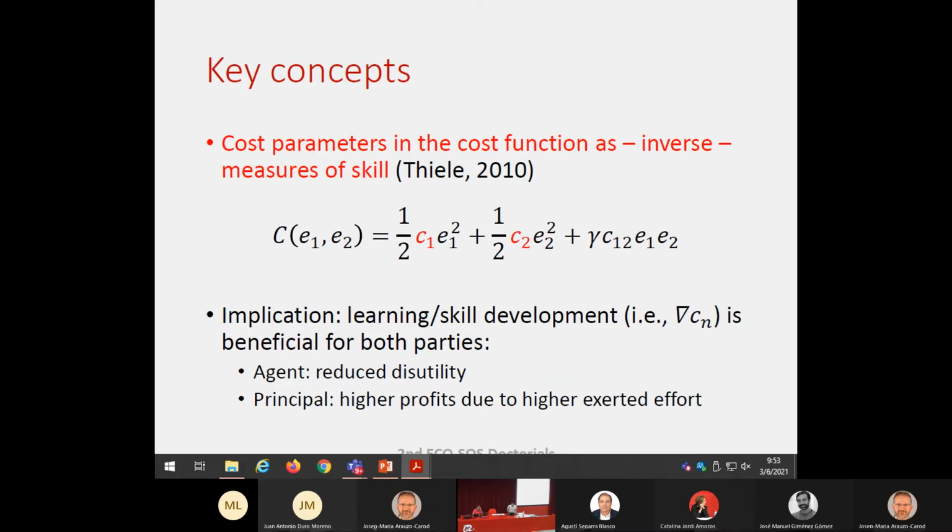From this perspective, learning, which is developing skills, and in the terms of the model is decreasing these cost parameters, is beneficial for both parties, both the agent and the principal. For the agent, it implies reduced disutility of exerting effort. For the principal, it will drive higher profits due to the higher exerted effort of the agent because of this reduced disutility.